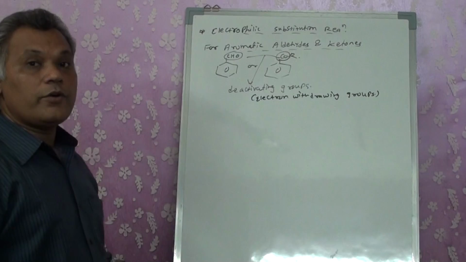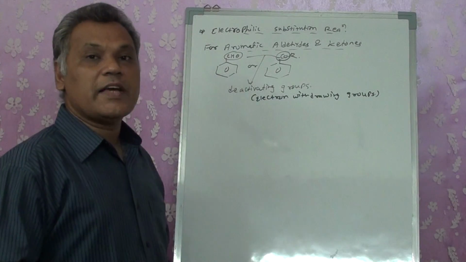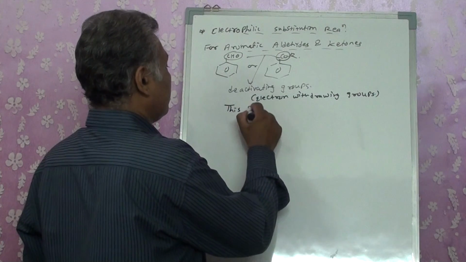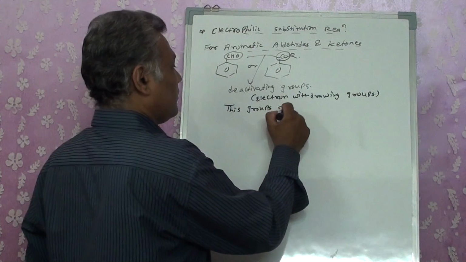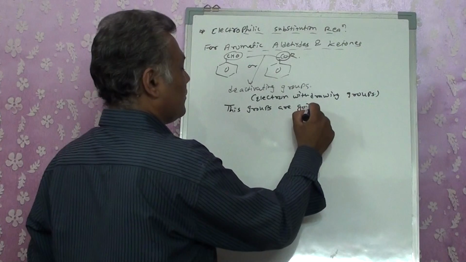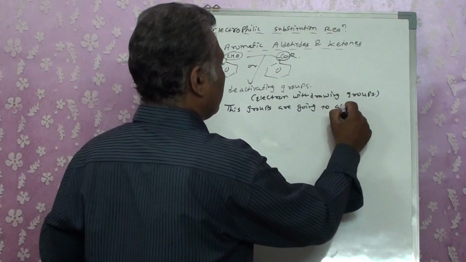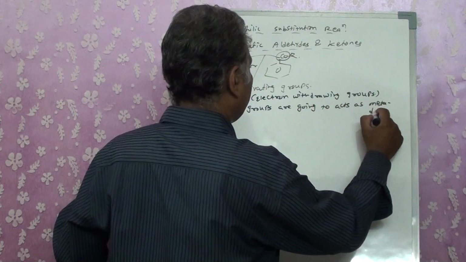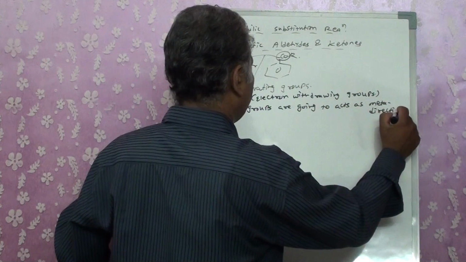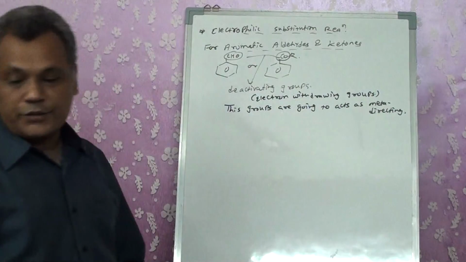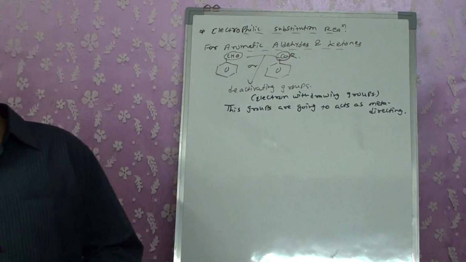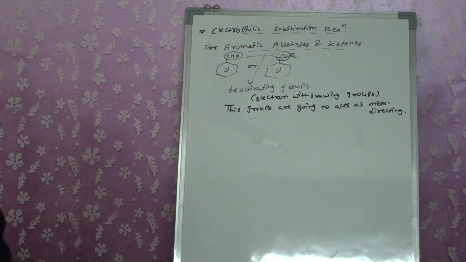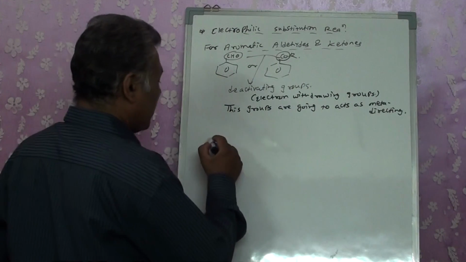Now, electron withdrawing groups are always going to act as meta-directing. So whatever the reactions are going to take place on the compound, they are all going to take place on meta positions. So what are the reactions that we will be having?